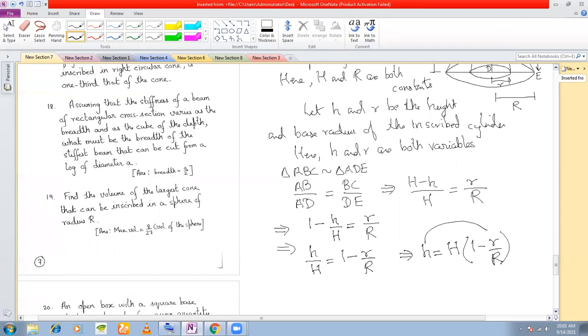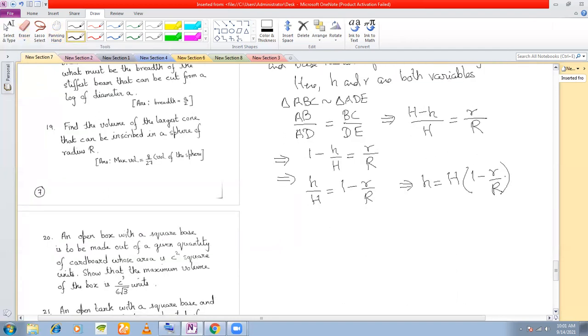What we want is the relation between these two variables, which we have already got, right? Let us call this 1.